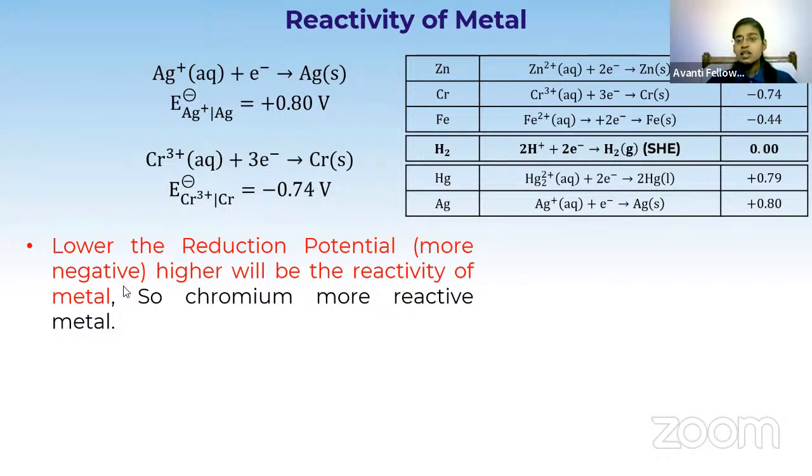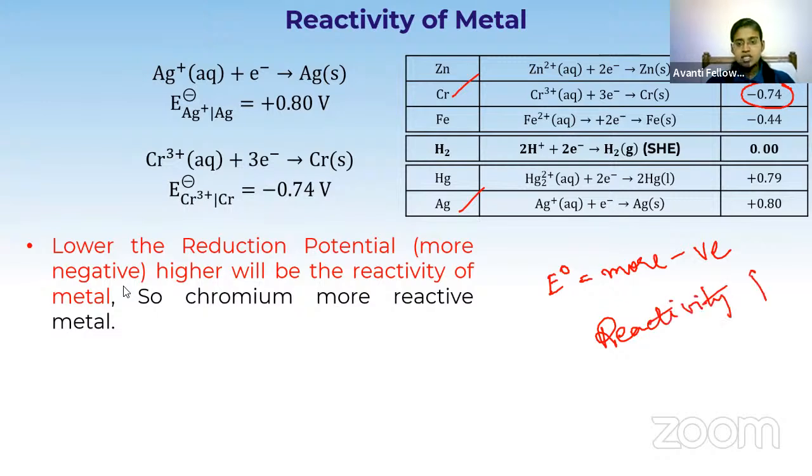If I compare chromium and silver, chromium is having the more negative value, so the reactivity of chromium is more. So if the E naught value is more negative, then reactivity is also very high. Reactivity is increasing. All right. Clear?